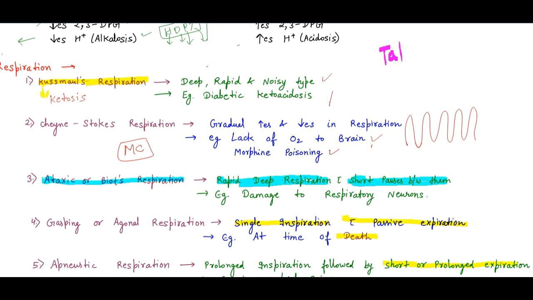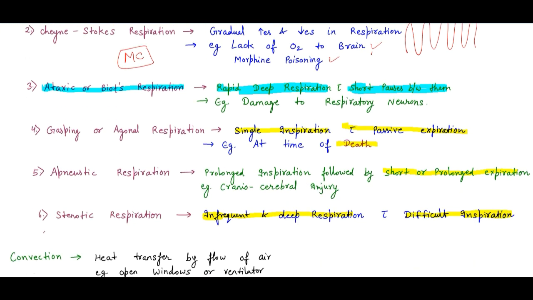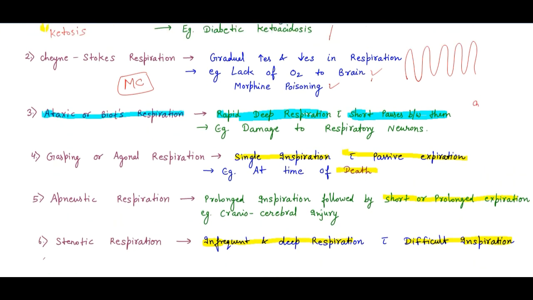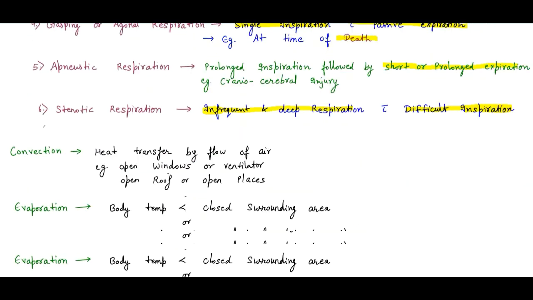If you find some mnemonics, make your own. These are the most important. Remember: passive expiration, gasping; short or prolonged expiration, apneustic; difficult inspiration, stenotic; short pauses between them, ataxic or biot. Finish, bye bye.